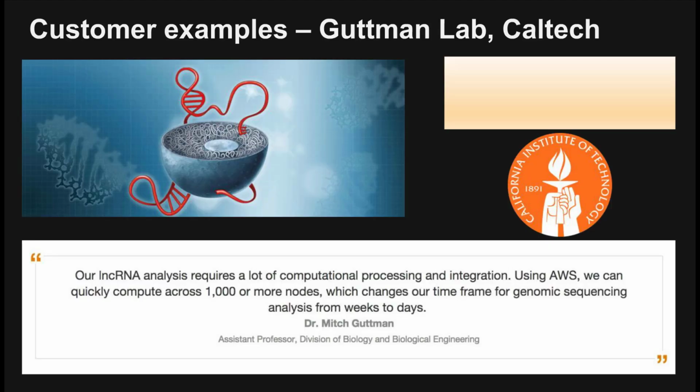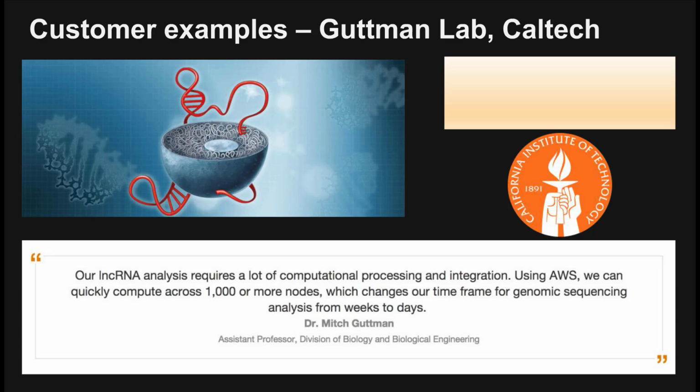The first one is near and dear to my heart. I've worked closely with this group here at Caltech, the Guttman Lab, who is doing genomic sequencing on top of AWS and has been able to utilize spot instances for this particular workload. The IT staff supporting this professor has really changed the way he's able to get his research done.